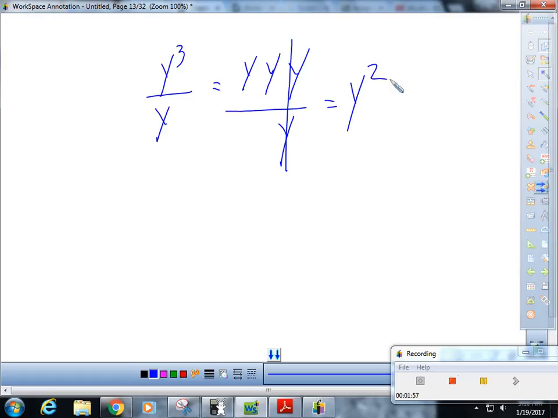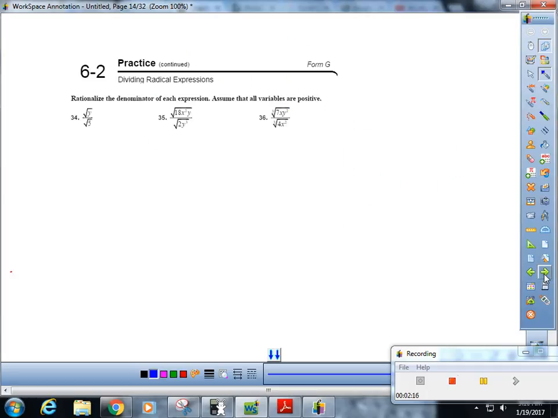So you subtract the exponent, but what you're essentially doing is canceling. Does that make sense? So y to the 5th over y squared, what does that equal? Y cubed. Yeah, y to the 3rd. Excellent. Good question.